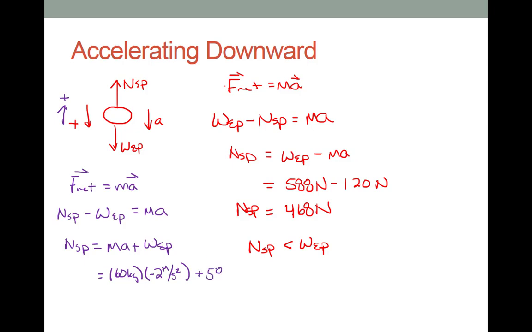Weight is still a plus, so that's still 588 newtons. And I am back to 588 minus 120, which returns me to 468 newtons. So it doesn't matter. Define your positive direction in the direction of the acceleration, and it works. It gives you the same answer.